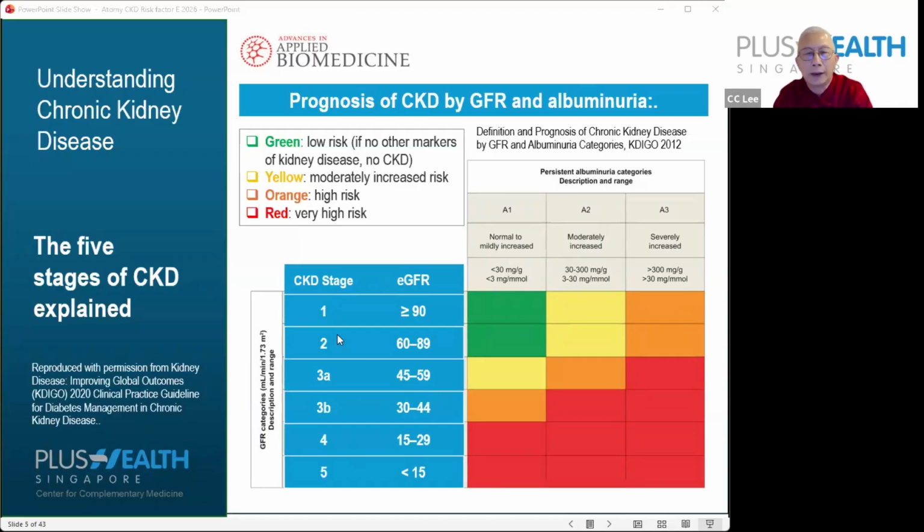Then you can see that increasingly your risk of CKD is going up as well. So this basically sets the stage for us to understand how to interpret CKD in the chart that is to come.